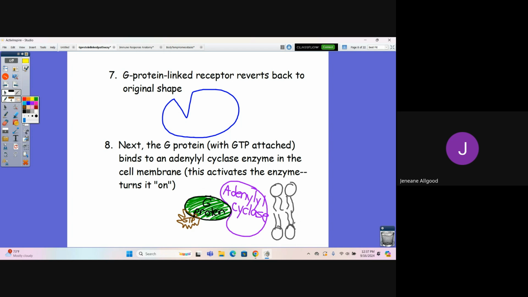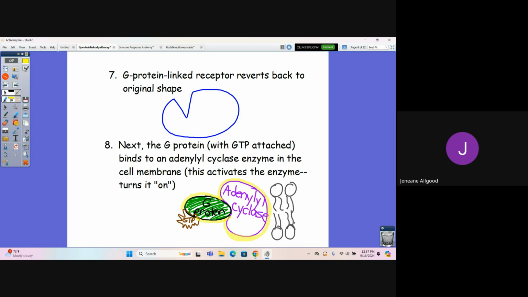We know that when it has GTP attached to it, the G protein therefore is active. But because that G protein is activated, when it binds to the adenylyl cyclase, that also activates that enzyme and turns it on.